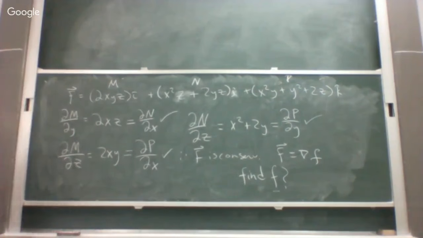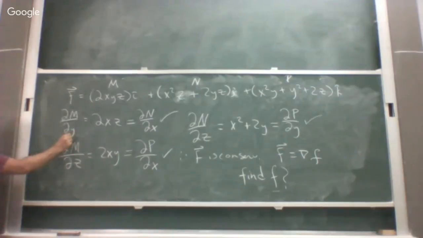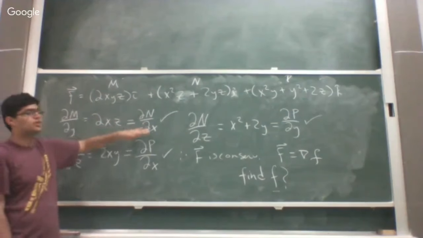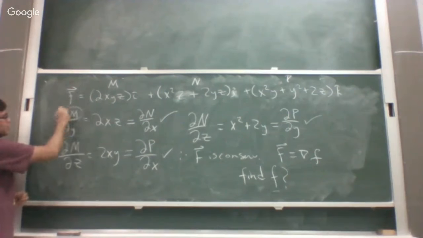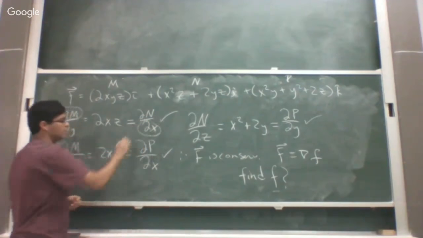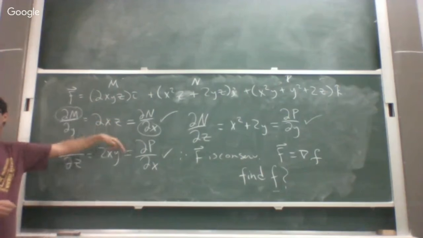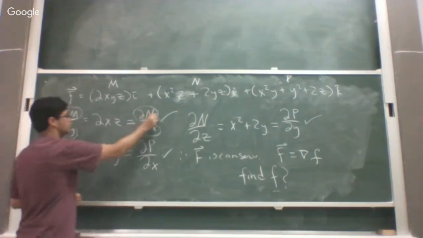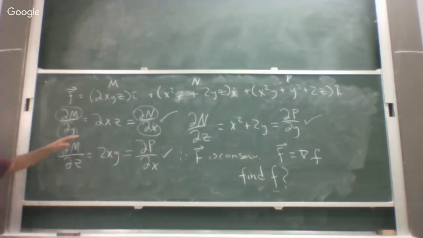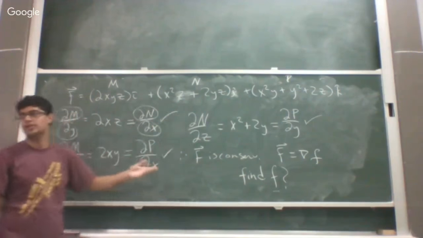Then you have three equations: m with respect to y equal to n with respect to x. The pattern is that m is always across from x, n is across from y, and that makes sense because n is with the j term, which is like y.